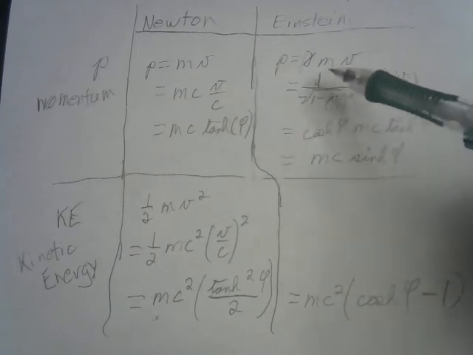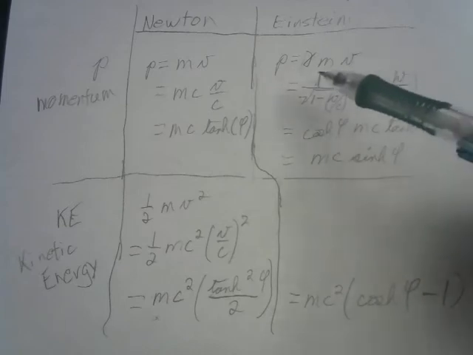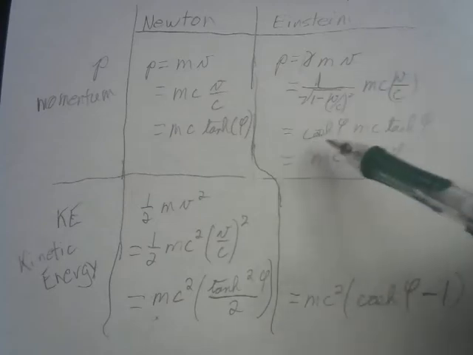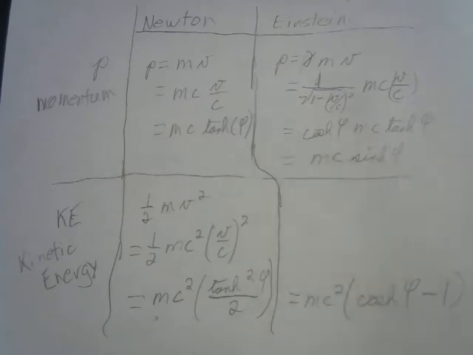You can also make a comparison between v over c and gamma: if v over c is the hyperbolic tangent of a hyperbolic angle, then gamma is the hyperbolic cosine of that angle, and multiplying tanh times cosh gives you sinh.